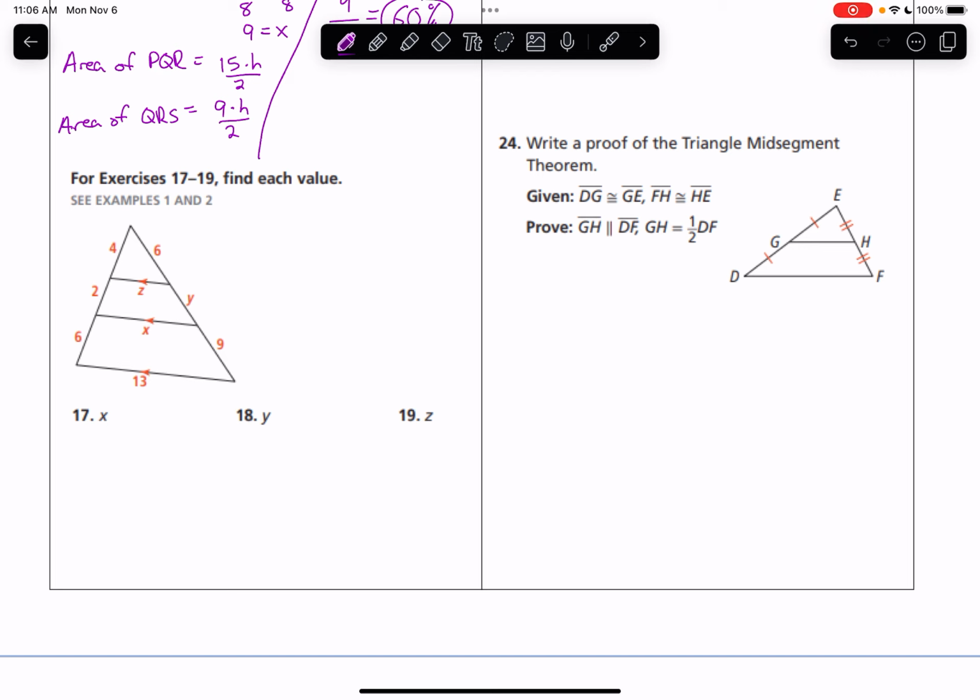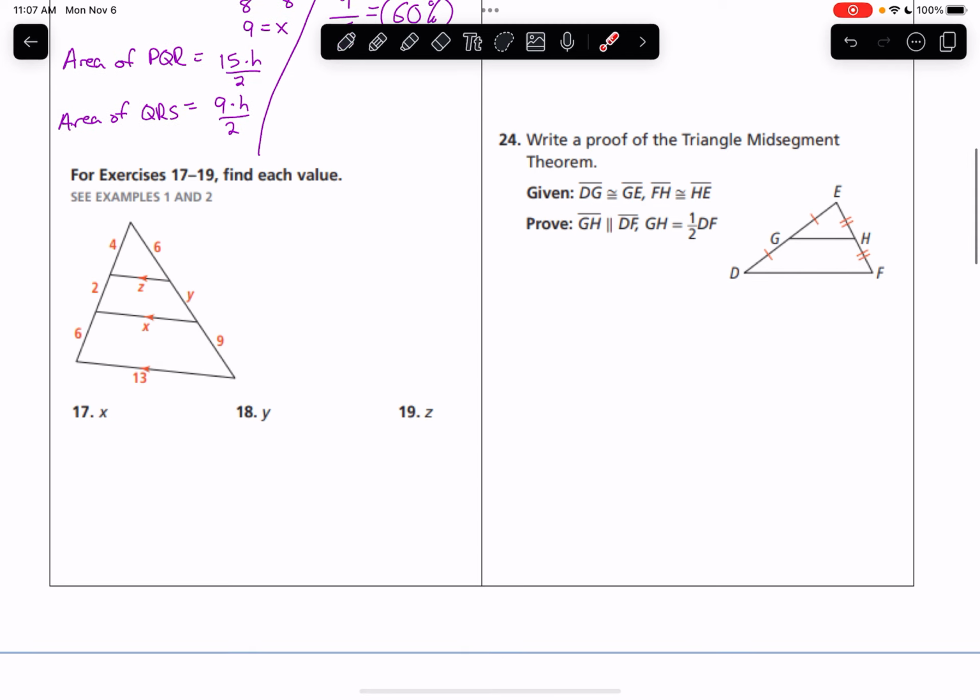17, 18, and 19 are about the side splitter theorem, and we just have to find appropriate measures, appropriate proportions to use. So if I'm trying to find the length of side x, I do know that I have a corresponding side to that. I have 13. And then I can pick any other pair of corresponding sides. Maybe I use the left side of this triangle using base x, and the left side of this triangle using base 13.